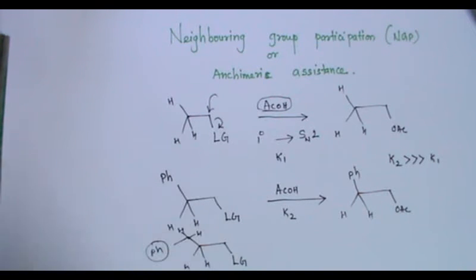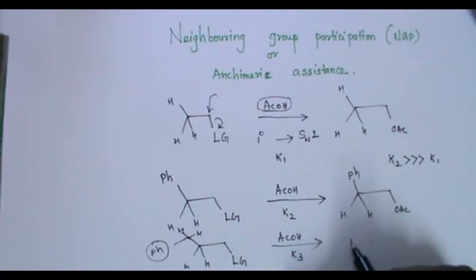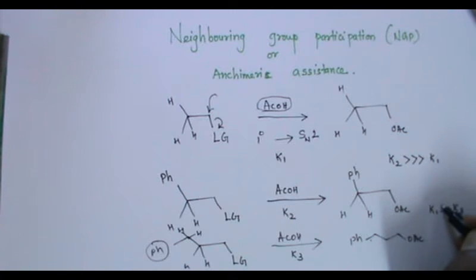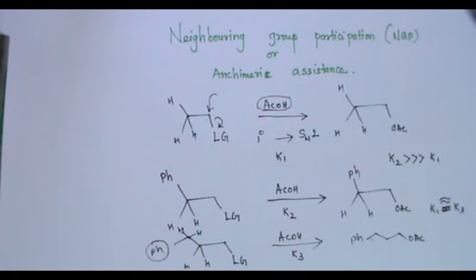Here it was on the next carbon, but here it is two carbons away. Under the same condition, acetic acid, say the rate is K3. We get a product similar to this. But if you compare K1 and K3, it is almost the same.